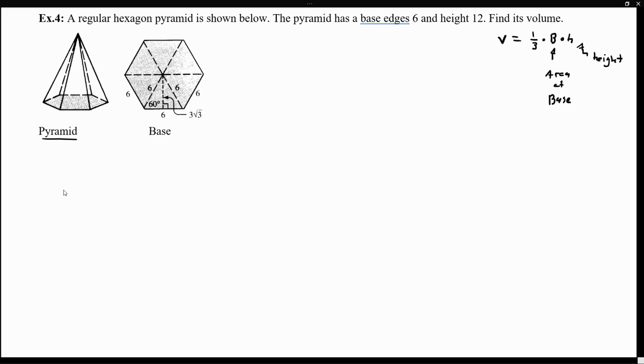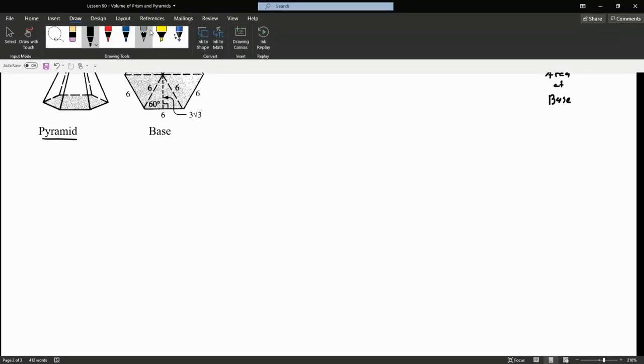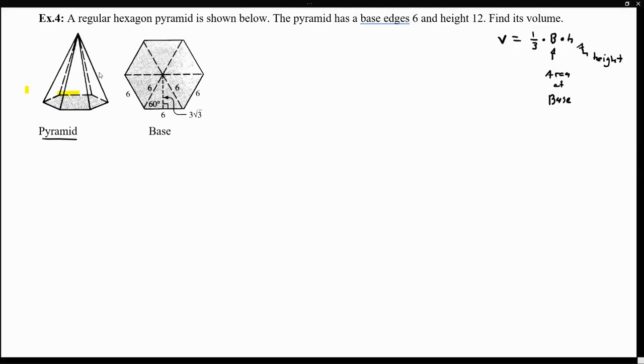All right. So once we identify our pyramid, which we do have here, let's identify what the base is. Notice that the base seems to be this figure right here. This seems to be the base of my pyramid, which we have just expanded here. So this is what we have here.